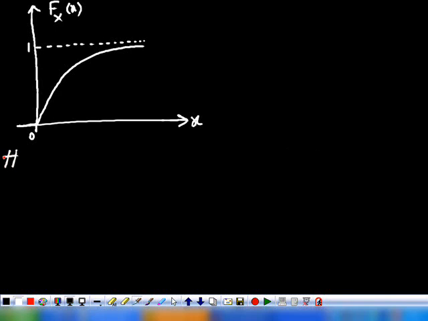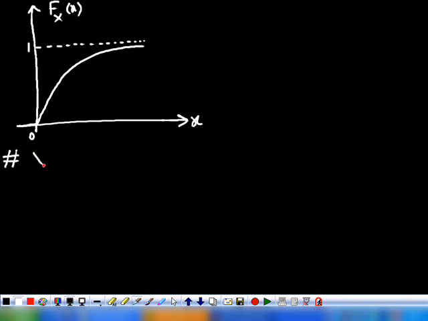Okay, now we look at two more density functions, but here the random variable is a discrete random variable. So far we considered the density and distribution functions for the continuous random variable. Now we look at the density and distribution functions of a discrete random variable.